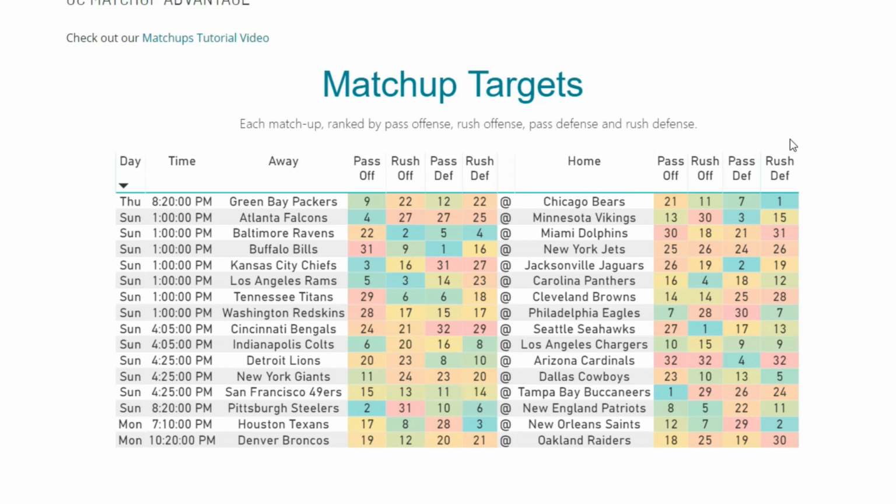So what I'm showing here are all the week 1 matchups. So you've got day, time, home team, and away team, and then the rankings based on pass offense, rush offense, pass defense, and rush defense. It is a little bit of a surprise because this is in total yards.